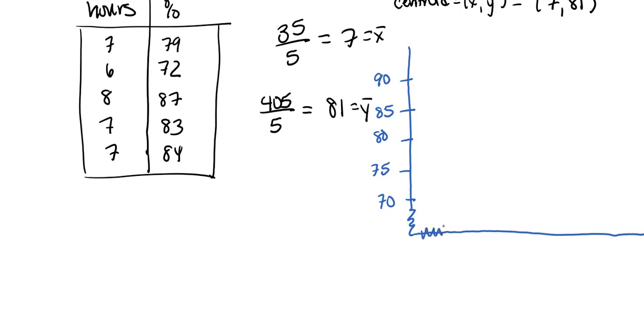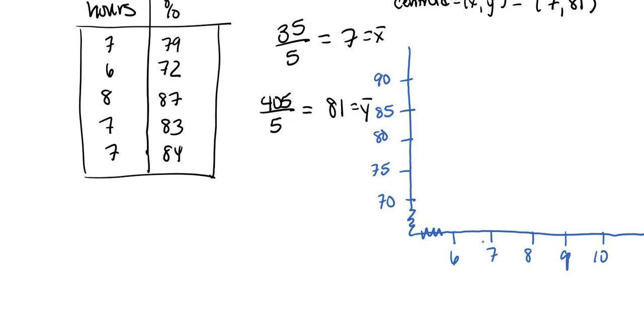Then we do the same thing for x, and we start at just 6 because that's the shortest hour, so we have 6, 7, 8, 9. You can draw 10, but we don't have 10. So let's now draw the scatter plot.